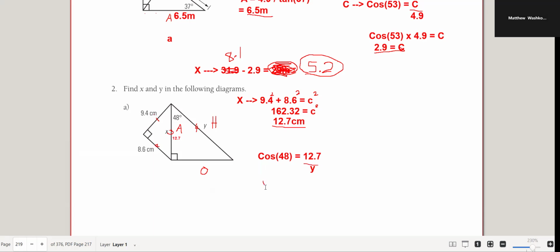Right? And then it's just like before, right? I'll get cos of 48 times y is equal to 12.7. I just times both sides by y. And then I need to divide by cos of 48. So y is going to be equal to 12.7 divided by cosine of 48.